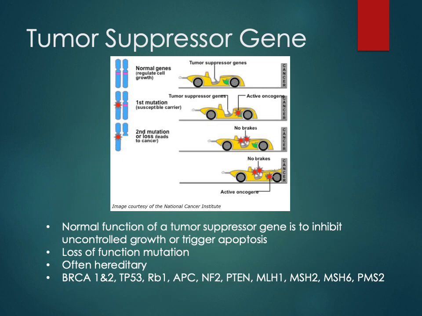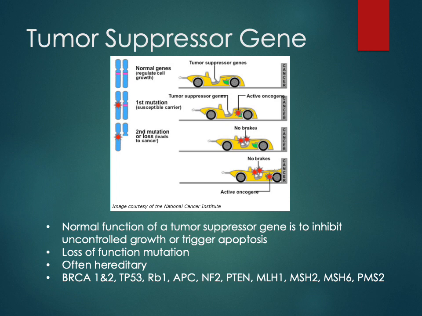Much more common reason for GYN cancers are the problems with the tumor suppressor genes. Now these are often hereditary syndromes, and you can think about this as kind of a loss of the brakes, right? So a mutation in a tumor suppressor gene is like a car that's lost its brakes, and so these tumor suppressors don't do their job, and the cells continue to proliferate.